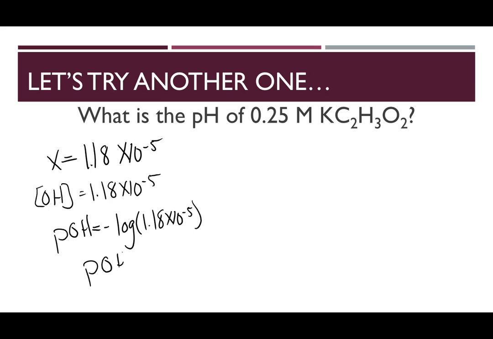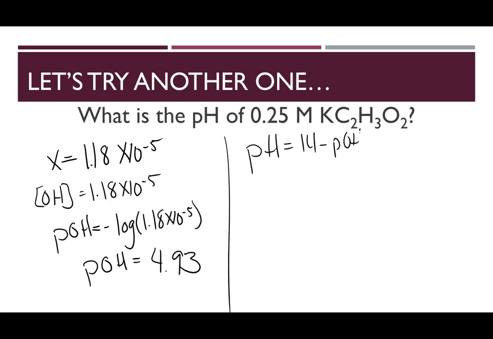So pOH equals negative log 1.18 times 10 to the negative fifth. I'm going to get 4.93. And then pH equals 14 minus pOH. So pH equals 9.07.